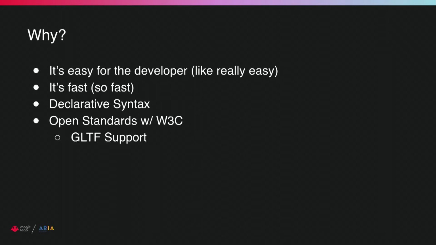So why did we create it? Because it's really easy to get started on the Magic Leap platform with web development, because you don't have to know, as Jen said, any stuff that I didn't learn in college, but you can use simple declarative HTML, XML-like syntax, and you can get 3D content on your page that quickly.